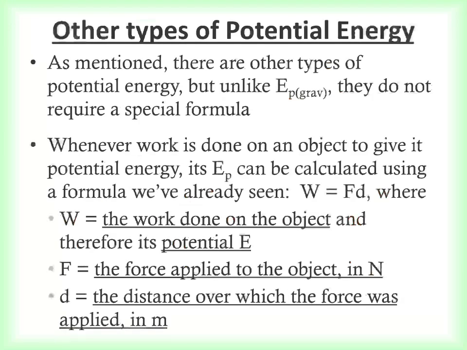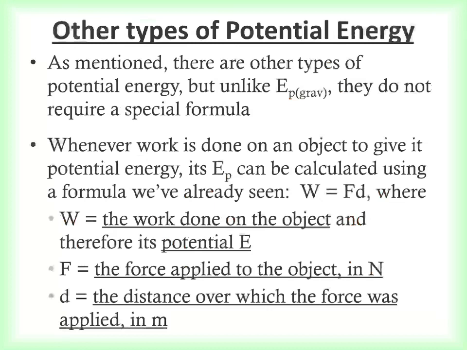So as I mentioned, there are tons of different types of potential energy, not just gravitational, okay? But unlike gravitational, they don't necessarily have a special formula. Just gravitational potential energy does, at least for Science 10, okay? But really, we know whenever work is done, well, that gives it potential energy, okay?